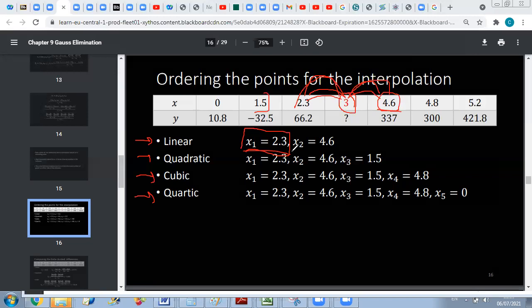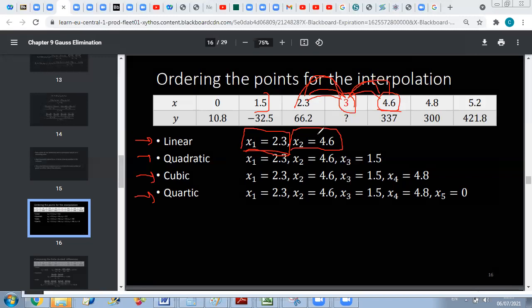So the second point I will take is x2 equal 4.6. As we said before, the coefficients remain: if I do linear and then quadratic and then cubic, this criterion keeps the data points from changing. If I started with x1 and x2 for linear, then for quadratic the first 2 points x1 and x2 are the same, so the coefficients b1 and b2 are the same, but b3 will change.